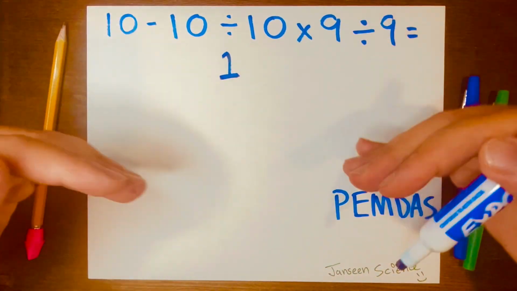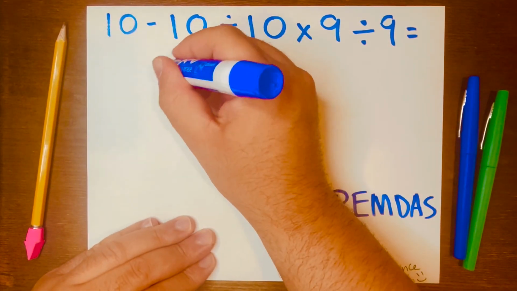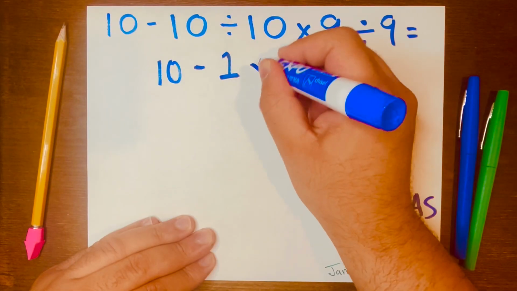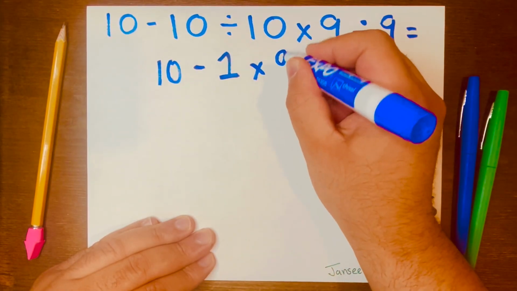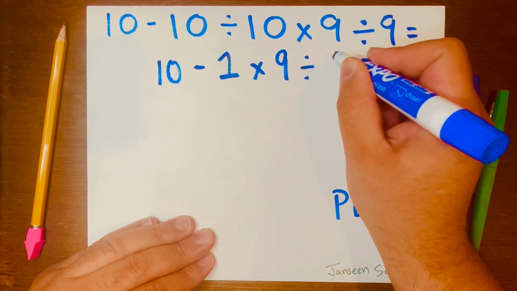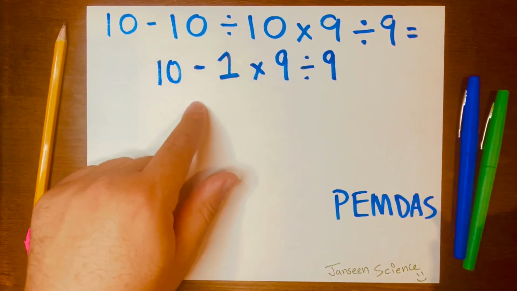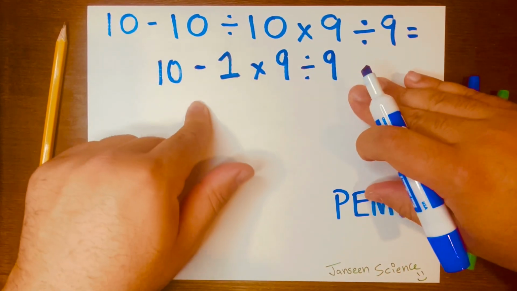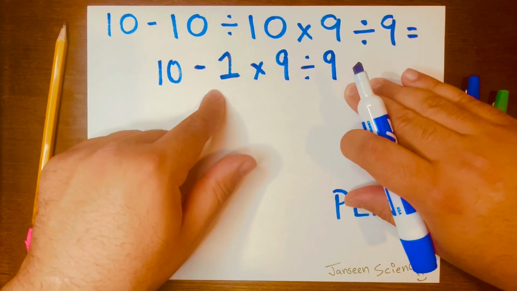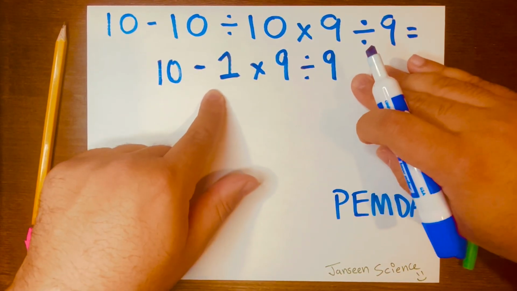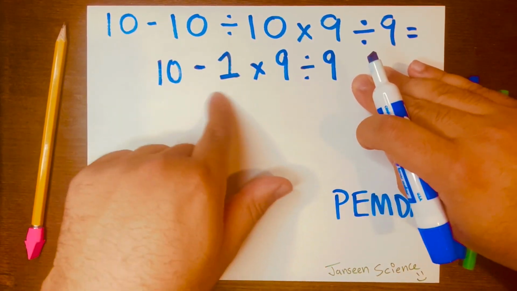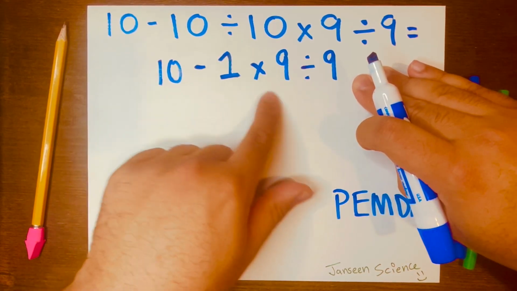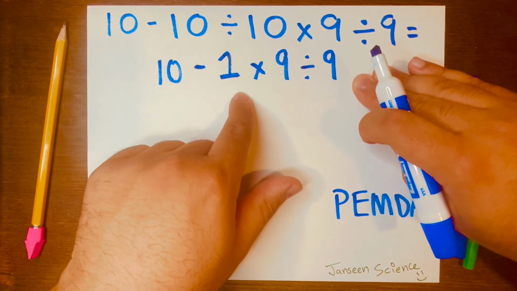And then we bring everything down. So 10 minus 1 times 9 divided by 9. That is what we have now. Next, we look at which level comes first.